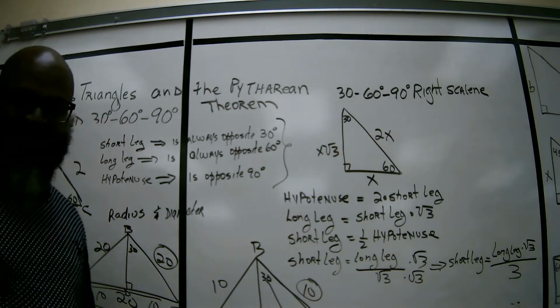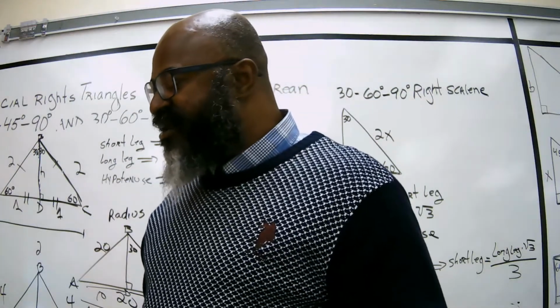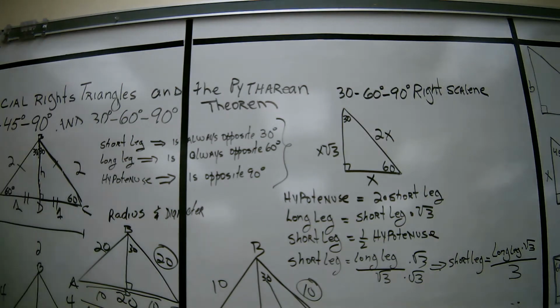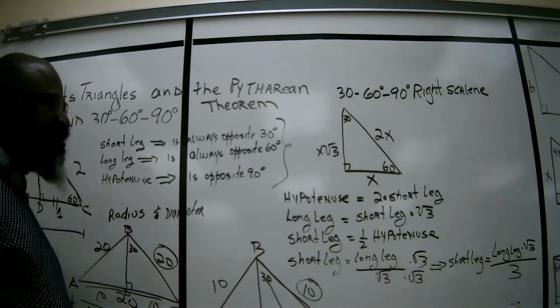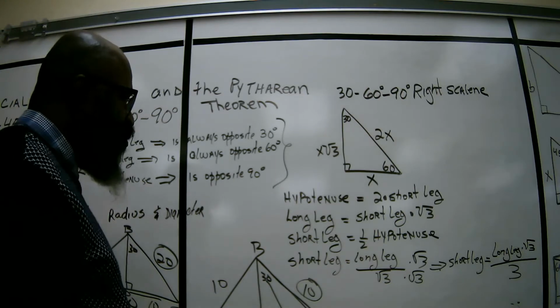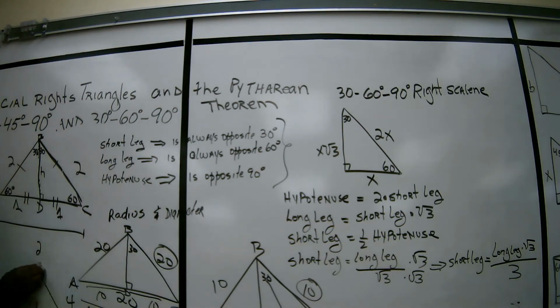So now we can start writing our formulas. In a 30, 60, 90 triangle, the short leg is half of the hypotenuse, or the hypotenuse is 2 times as much as the short leg. Once we have that formula, then we can generate the relationship with the other one.